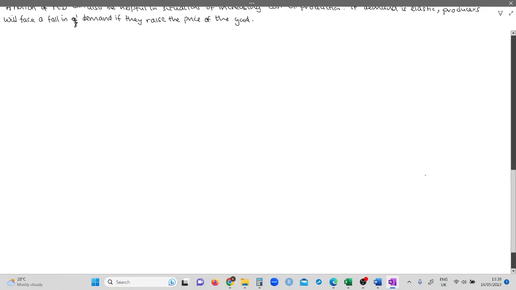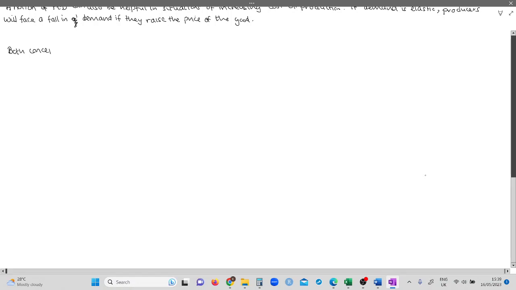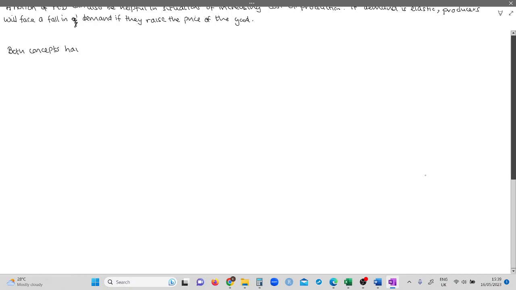And the concluding small paragraph. Both concepts have their importance, their usefulness. However, the income elasticity measures the degree of responsiveness, as in the definition.